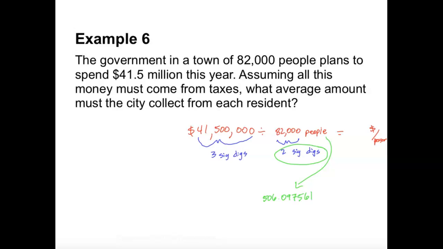So if we were to report that answer, it would make it look like we have much more precision than we actually do from these numbers. The rule for multiplication and division says round to the measurement that has the fewest significant digits, which for us was 2 significant digits. So I want to round it to 2 significant digits. It looks like I'll be rounding to the nearest ten. So rounding that off gives me $510 per person.